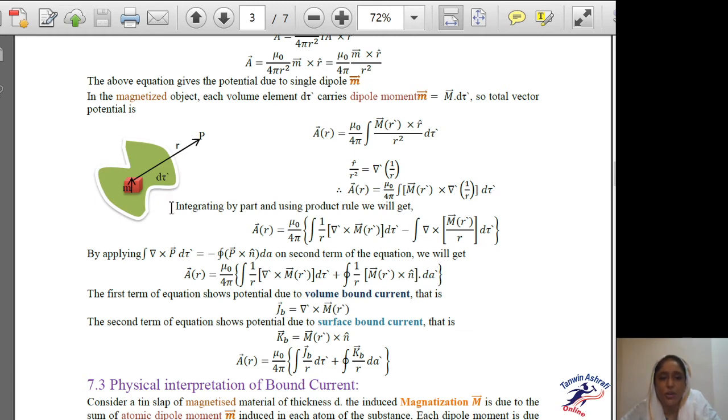This formula is derived in the PDF below.